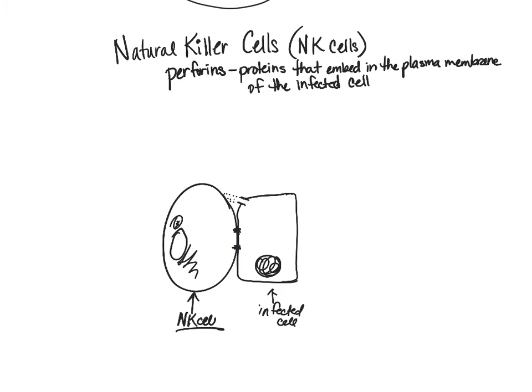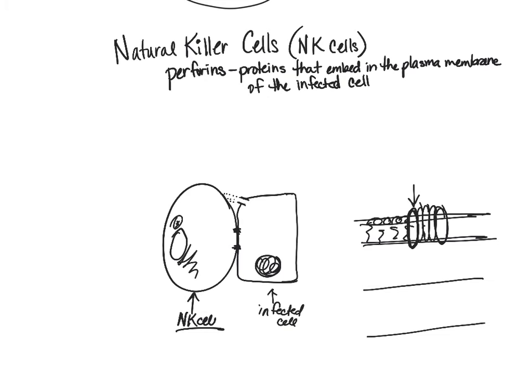If I did a close-up view here, if this is the plasma membrane, right, so all of our little guys here, these are the heads of the plasma membrane, let's say. So if I'm shooting down these perforins, what they do is they shoot this here, and then here, and they shoot in kind of a circle here, and if we were to look down at the plasma membrane, we would see that these little perforins actually form a pore.